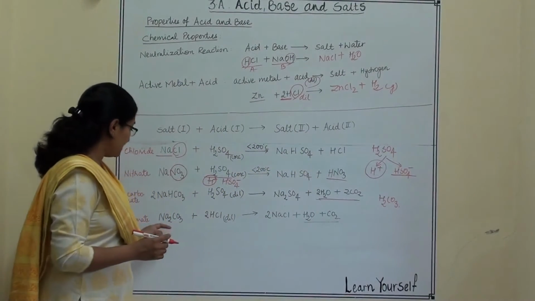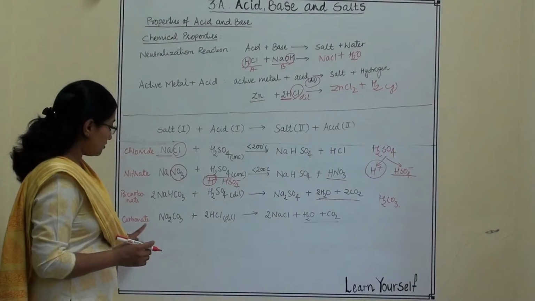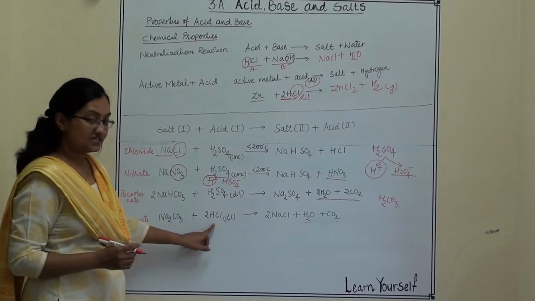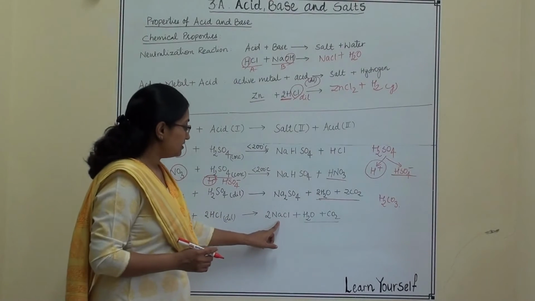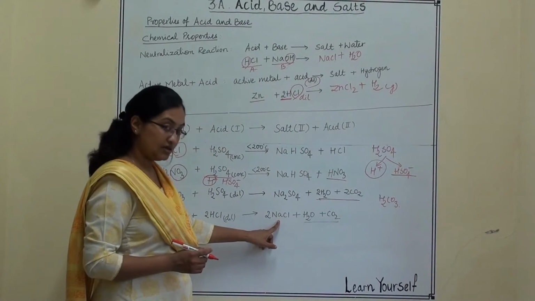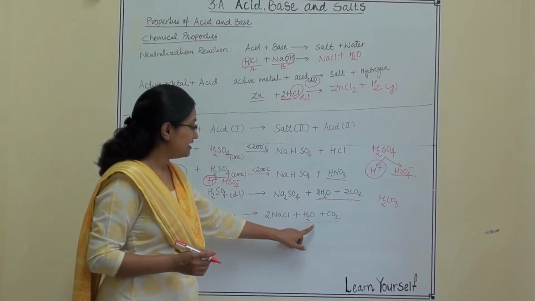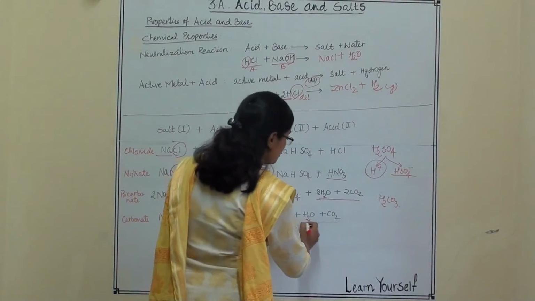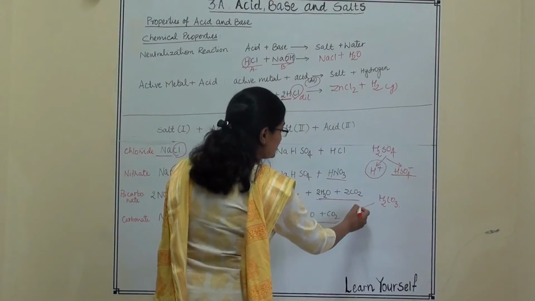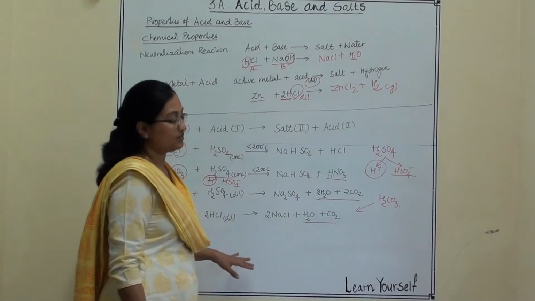Next is carbonate. Sodium carbonate reacting with dilute hydrochloric acid gives us salt, that is sodium chloride, and water and carbon dioxide. These two together give us unstable carbonic acid.